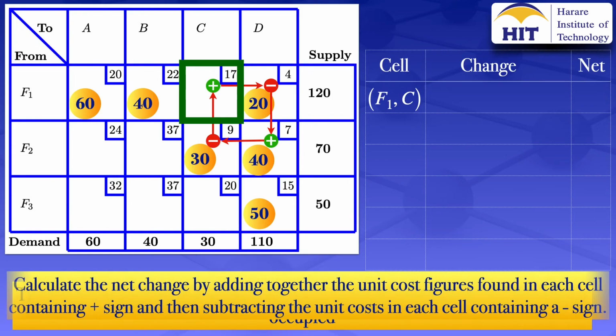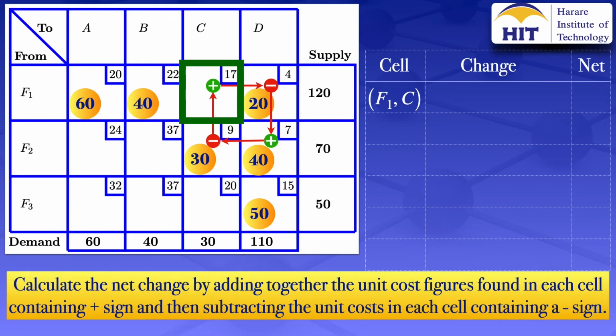We now calculate the net change by adding those unit costs where we had the positives, and subtracting the unit costs where we had the negatives. So the change there will be 17 minus 4 plus 7 minus 9, and that will give us an 11.